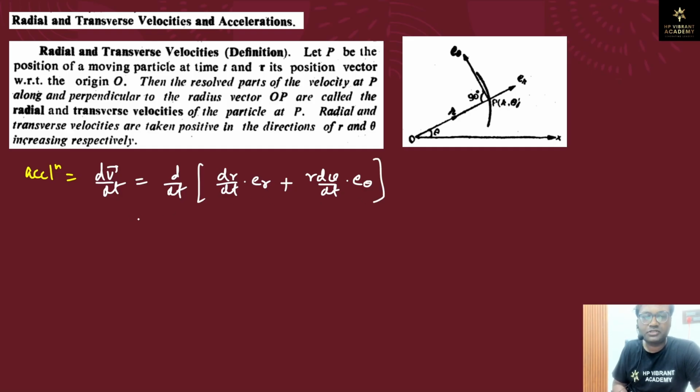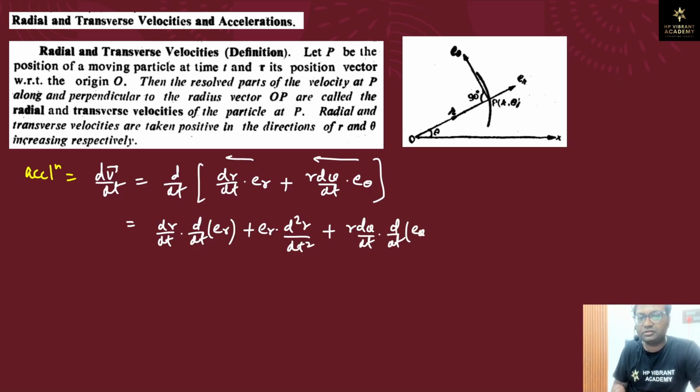Okay, so let us differentiate this by parts. This is equal to dr/dt into d/dt of e_r, plus e_r into d²r/dt², plus r dθ/dt into d/dt of e_θ, plus r into d²θ/dt² into e_θ, plus dr/dt into dθ/dt into e_θ.